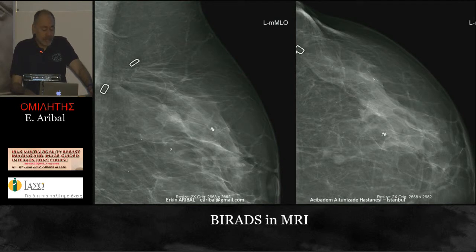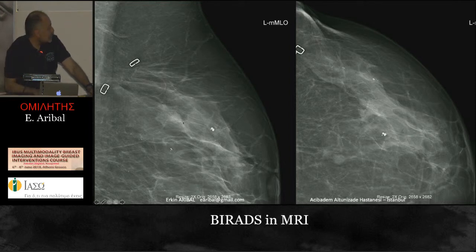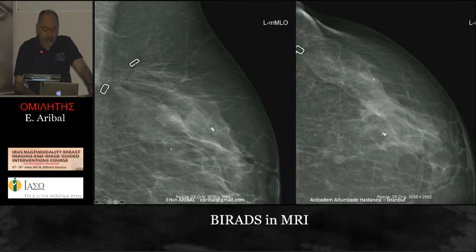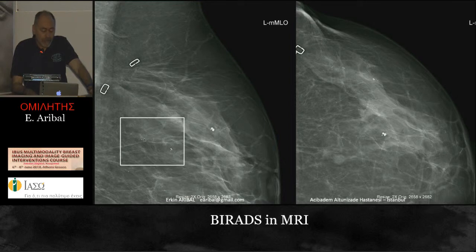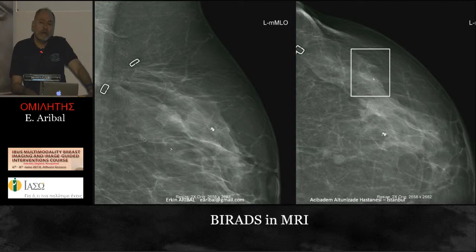She had a breast cancer surgery 3 or 4 years ago, and there are very small calcifications here. Yeah, you can see it very well here. So we prefer to do MRI before doing the biopsy in calcifications like this.